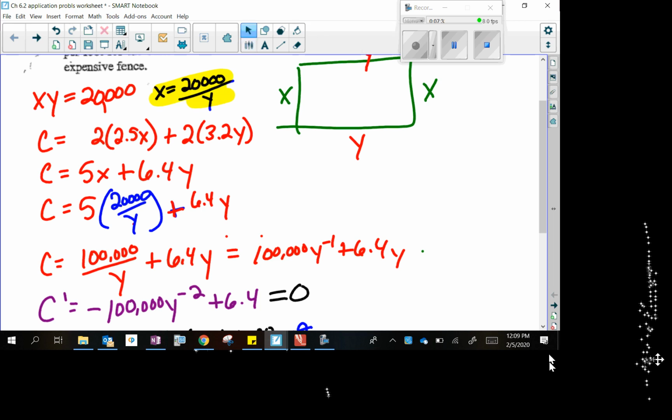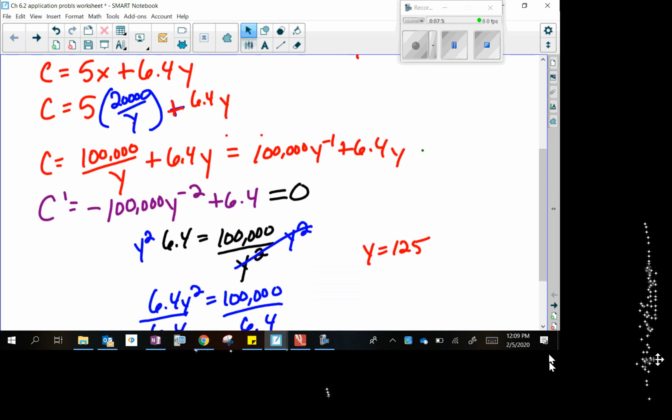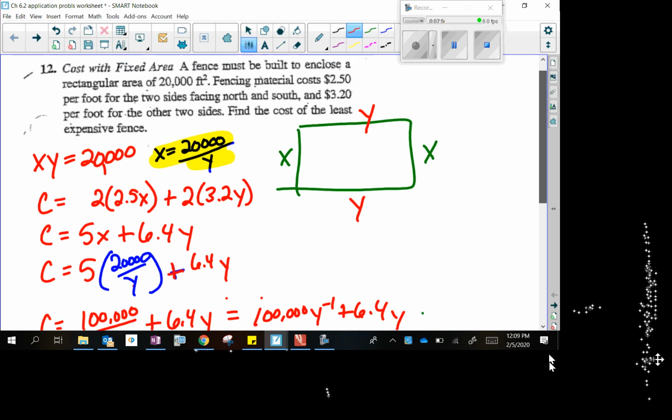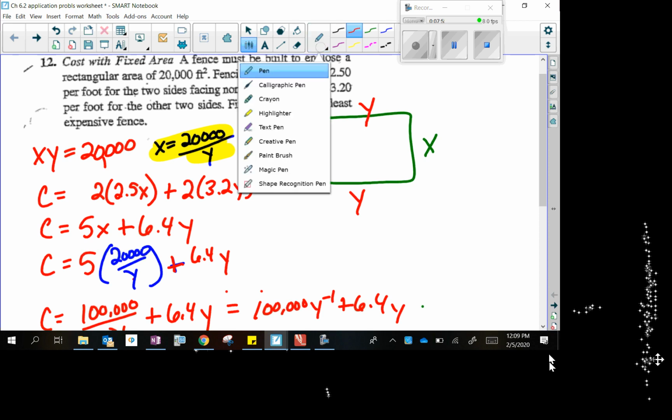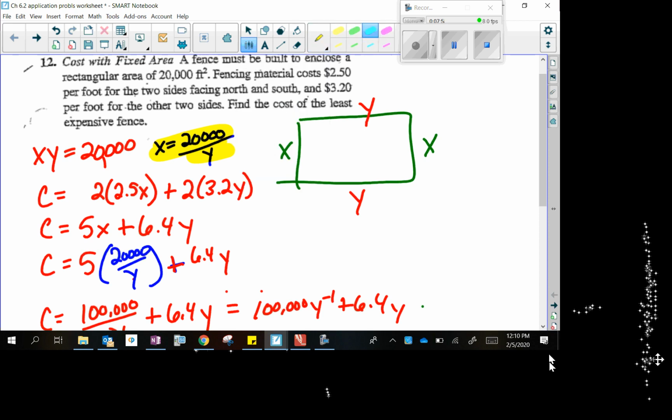So x equals 20,000 divided by 125, and that is 160. Now, does that answer the question? No. The question is, find the cost of the least expensive fence. So how would we answer that question? Plug it into which equation?